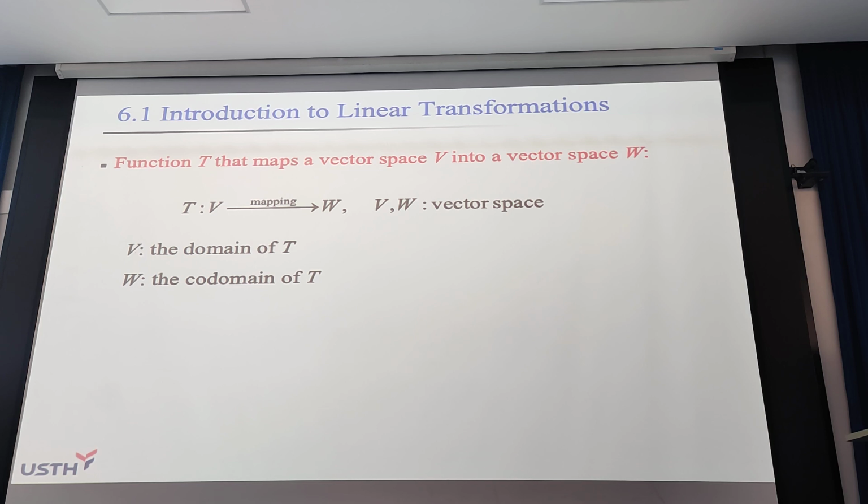We forget for the moment the inner product space. We just consider vector space or linear space. Suppose that V and W are two vector spaces, and T is a map. So let me ask you, do you know what a map is?